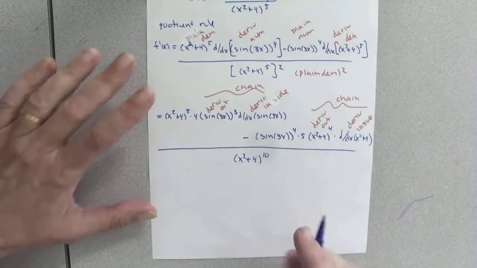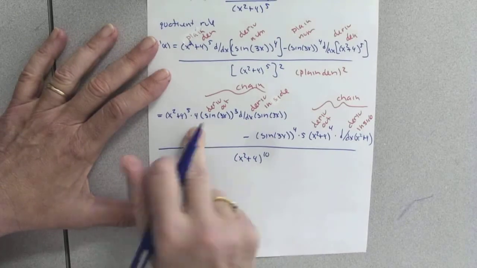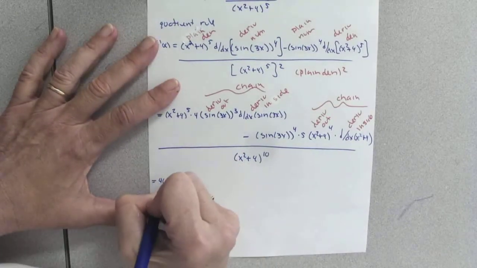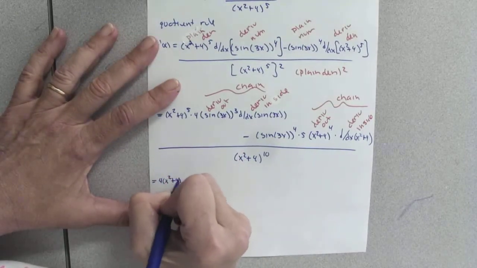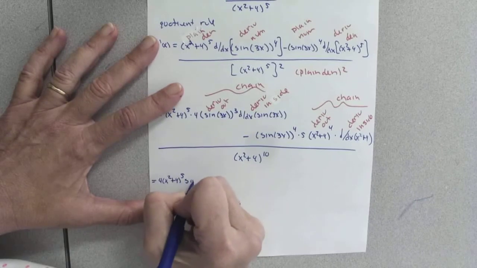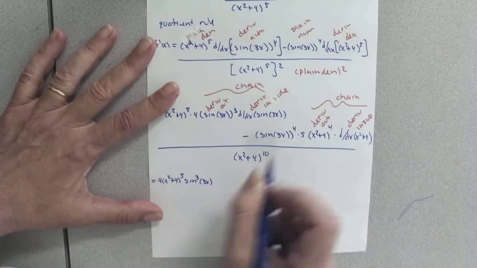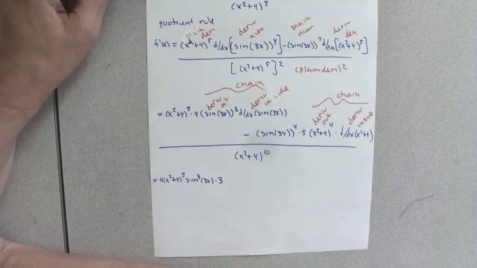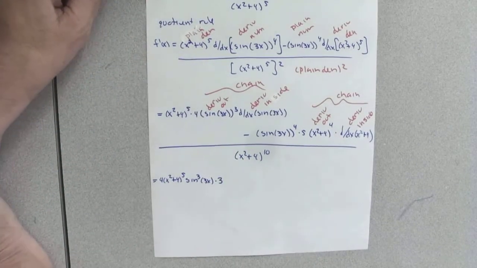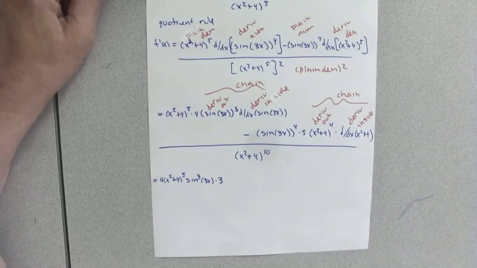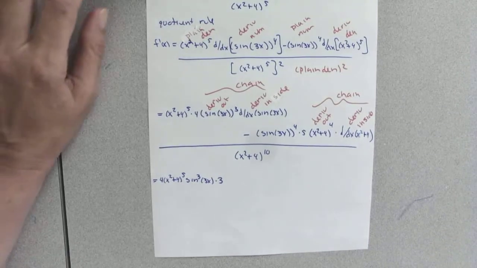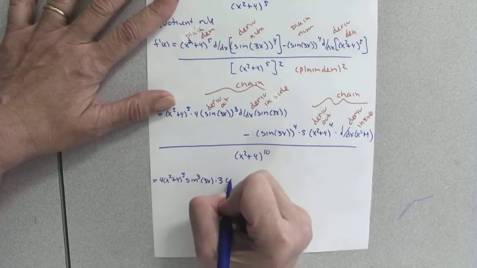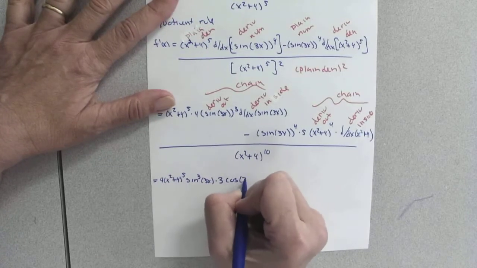Okay, let's keep whacking away at it. So I'm going to move that 4 to the front. So I got x squared plus 4 to the fifth, sine cubed 3x. Then I come to that last derivative, and as we've talked about many times, the effect of that 3 in the sine 3x from the chain rule is to multiply by it. So it's going to be 3. Derivative sine is cosine.